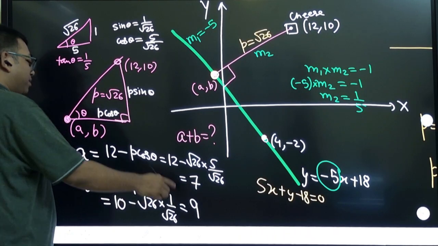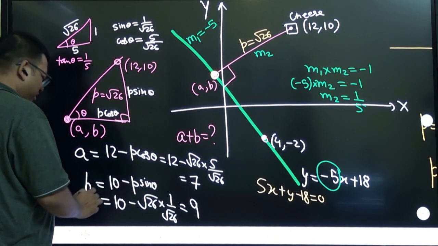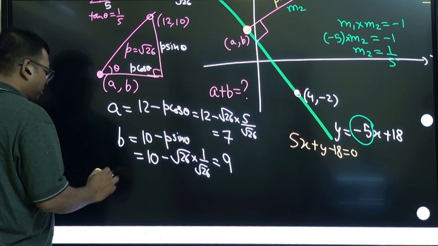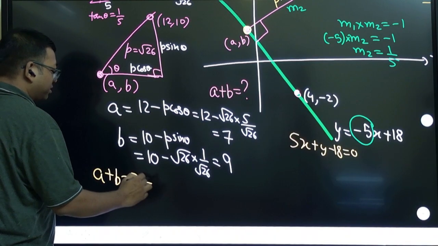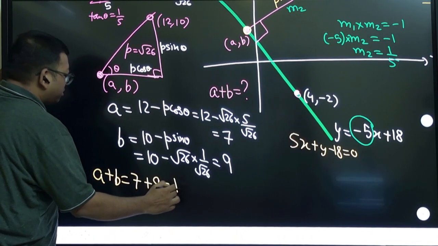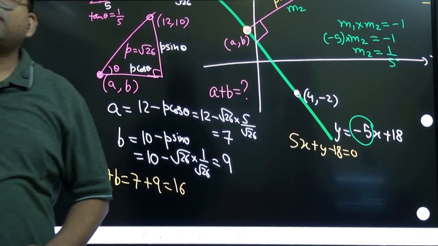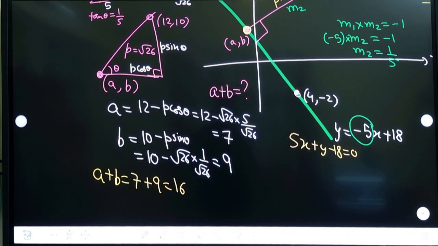So this is (7, 9). This question has become so easy now. So a plus b gives us 7 plus 9, which is 16. That's the answer.